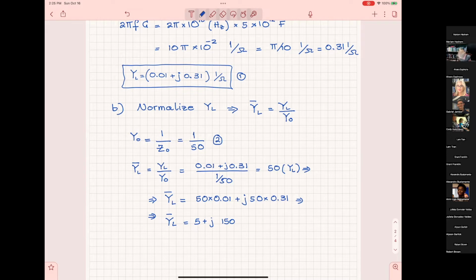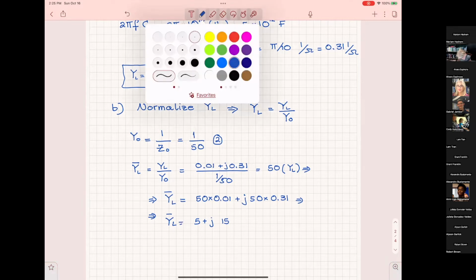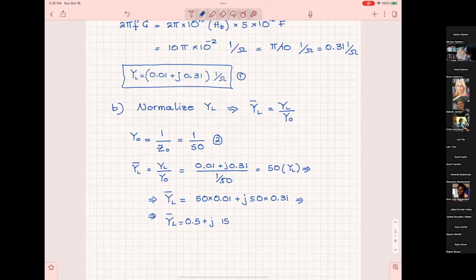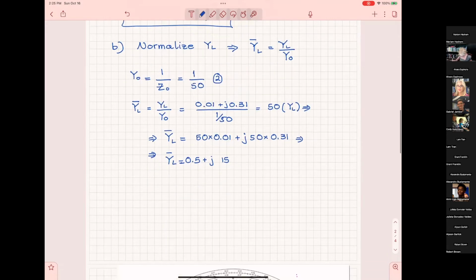So 0.5 here. Okay. So that is the normalized Y sub L.